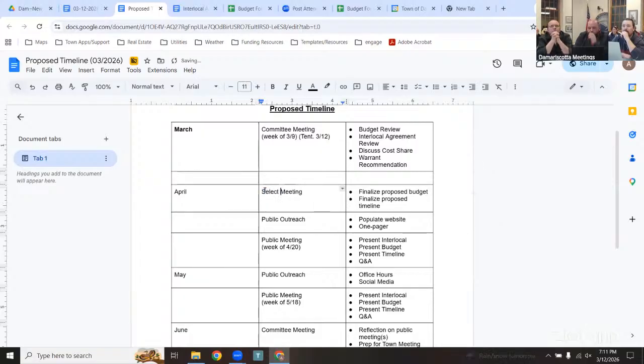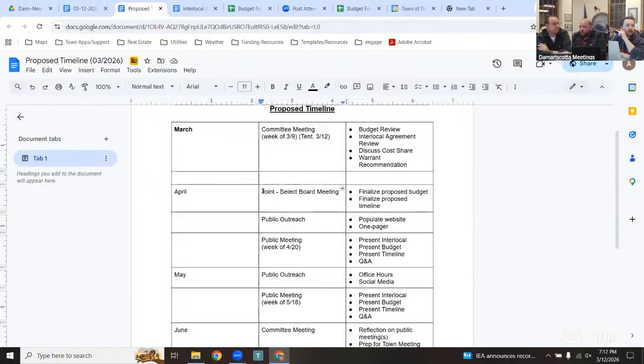The select board would finalize; we have that accounted for, right? Public meeting week of 4/20. That's after we did that, so I guess we have to swap that. Why don't you make that committee meeting into a joint select board meeting, whatever date works.